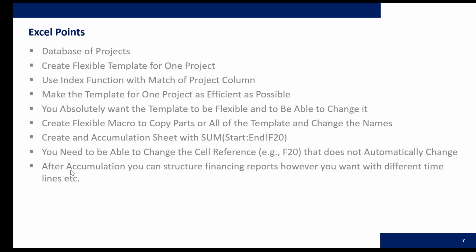For these, if we start copying projects and we copy an extra 4,000 lines per project, it's going to get really, really big. We need to make these project-by-project templates small, and we need to make them so flexible that we can change things.